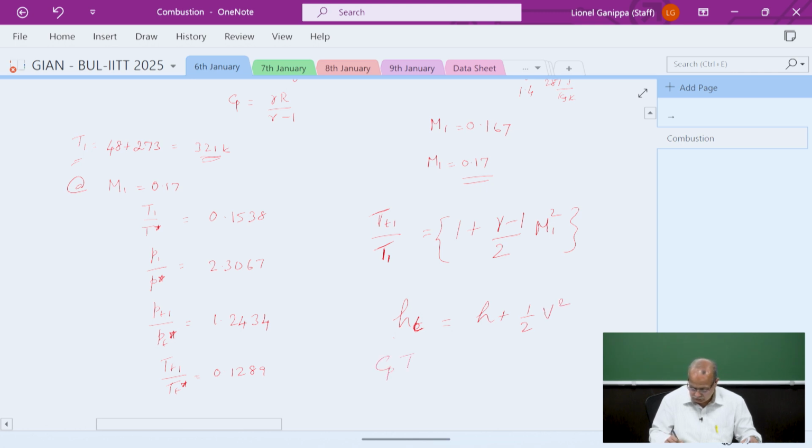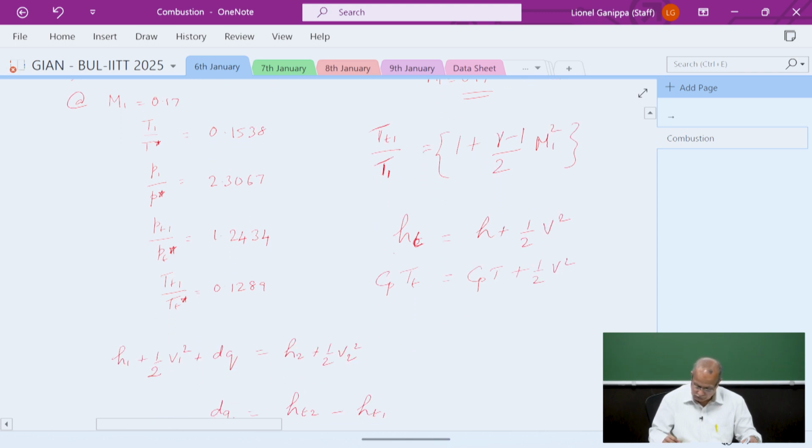So here it is Cp Tt equal to Cp T plus half V square. So from this you get this expression: Tt by T is equal to 1 plus V square by 2 Cp T.